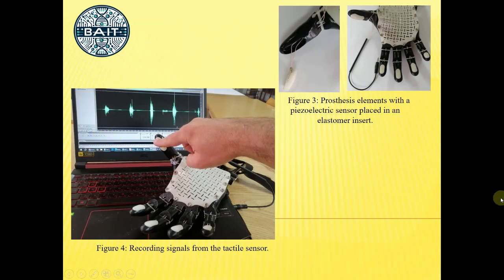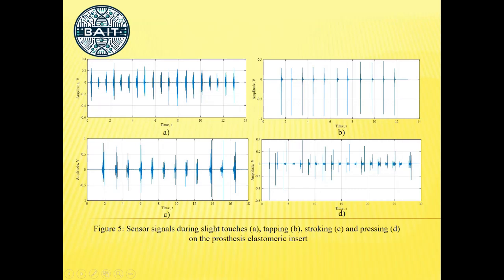During the recording, slight touches were made to the elastomeric thumb insert with the sensor. In the next stage, a group of signals from the sensor were registered during slight touches, stroking, tapping, and pressing on a prosthetic elastomeric insert. Those signals were loaded into the MATLAB environment for subsequent analysis.